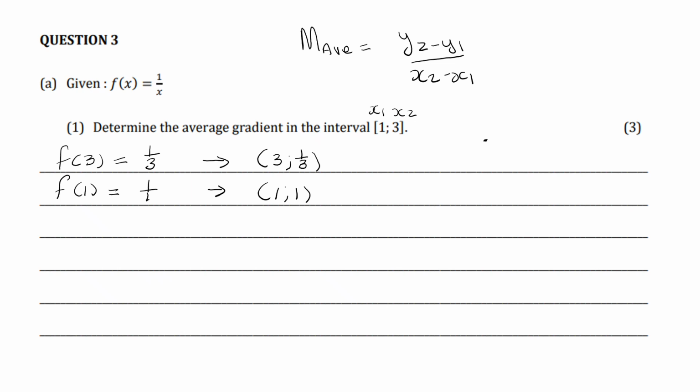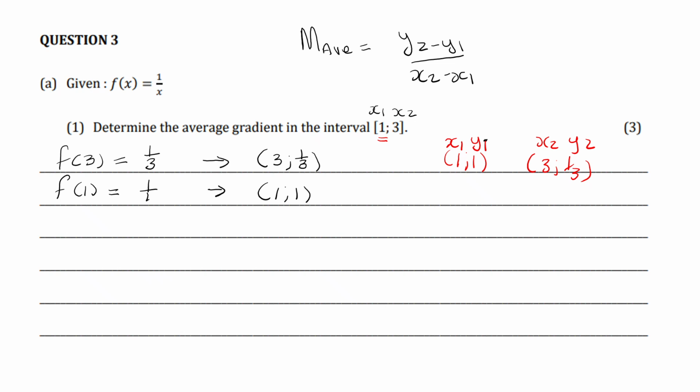Okay, let's quickly work on this. I'm very sorry about that. So my coordinate is 1 and 1. So now I know that my x1 is 1 and this will be my y1. Then the second coordinate is 3 and 1 over 3. So this will be my x2, y2.